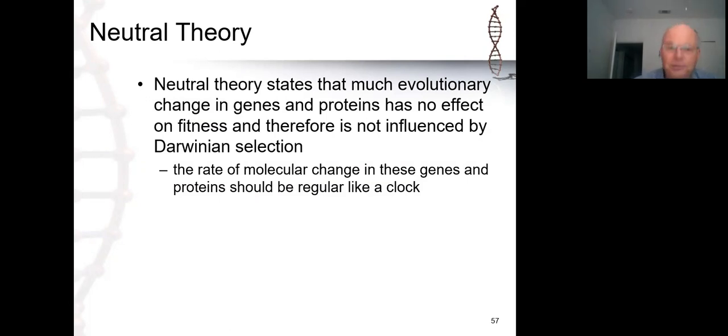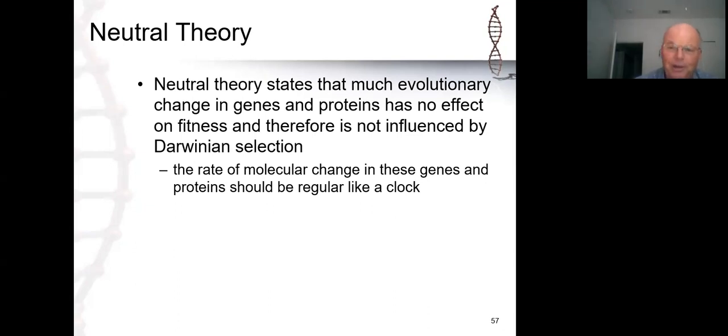And if they have a neutral effect, they create genes that are themselves neutral and have no effect on natural selection and fitness, and therefore mutate at their own rate independent of their effect on the fitness of organisms.